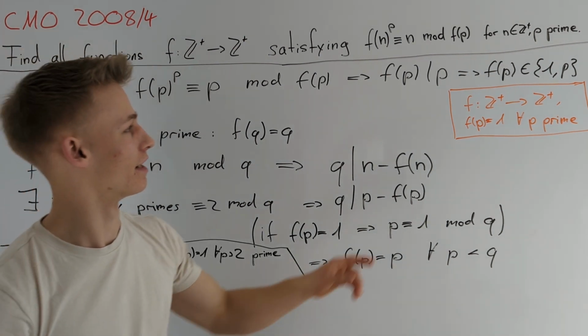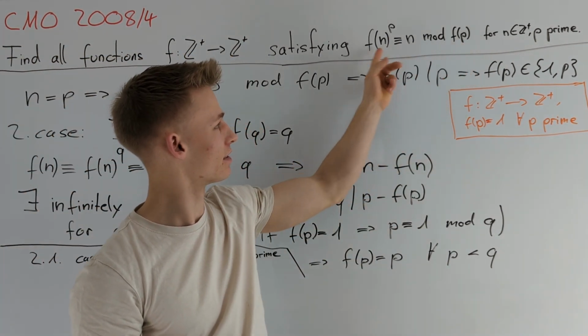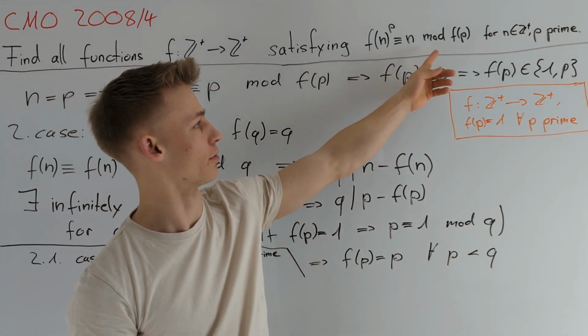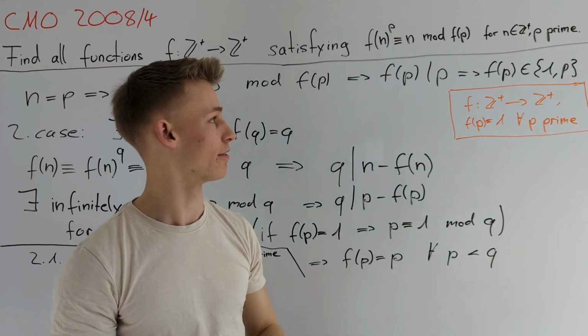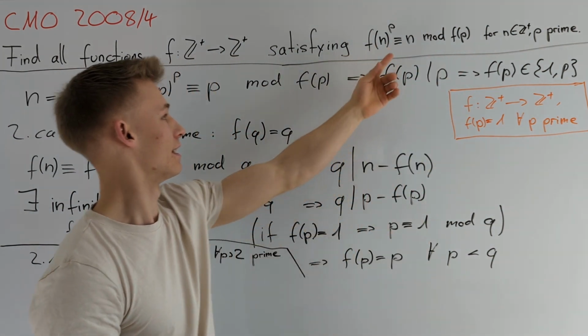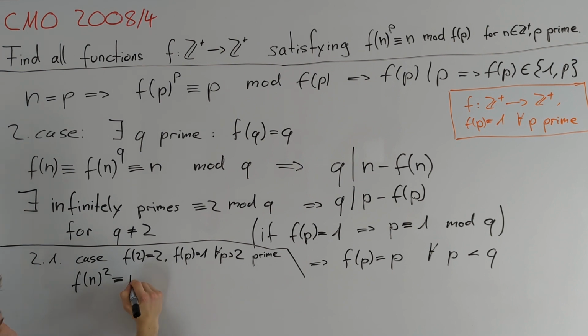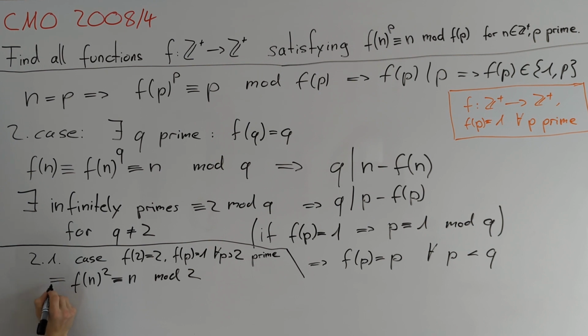Here, if we plug in a prime p greater than 2 into this congruence, we get a trivial congruence because we have a look at this congruence modulo 1, and therefore the only interesting value for p is 2, and then this congruence tells us that f(n)^2 is congruent to n modulo 2. f(n)^2 is congruent to f(n) modulo 2, and therefore for n composite we can choose f(n) arbitrary in such a way that f(n) and n have the same parity.